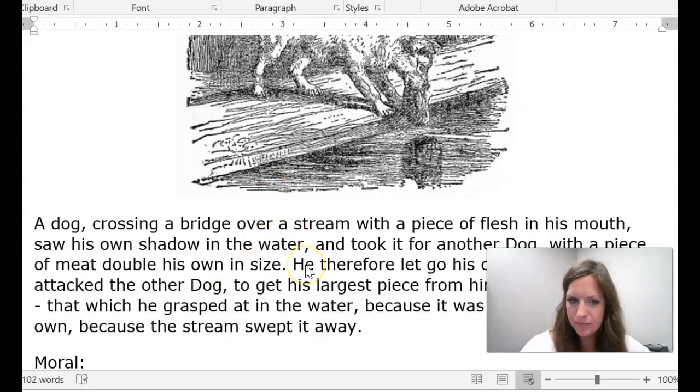But okay, our first sentence: a dog crossing a bridge over a stream with a piece of flesh in his mouth saw his own shadow in the water, took it for another dog with a piece of meat double his own in size.